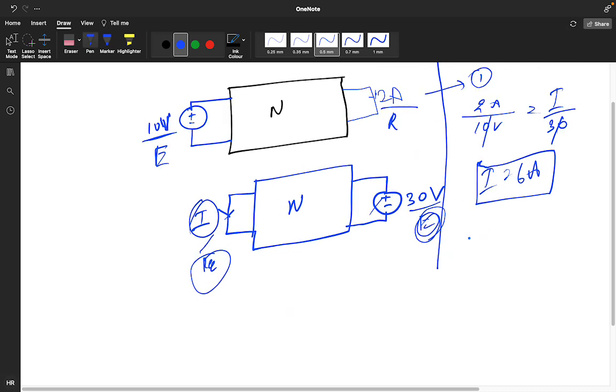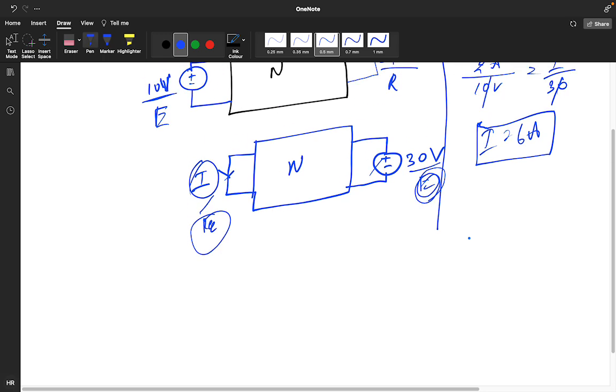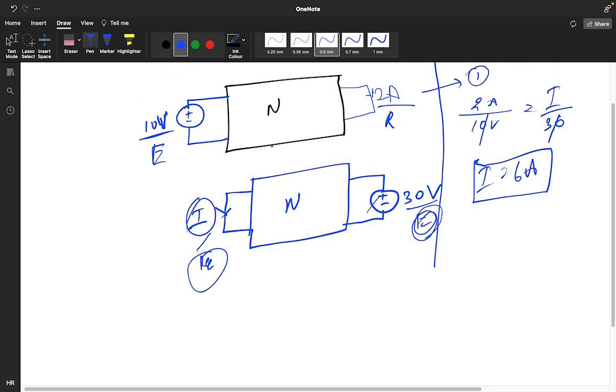Or you can even do it in this way also. This is a linear bilateral network. The voltage present on this side is 30 volt, so make it 30. How can you make it 30? Multiply it by 3. So this is the network and you will get positive, negative, 30, and the current you are getting is 3 into 2, 6 ampere.